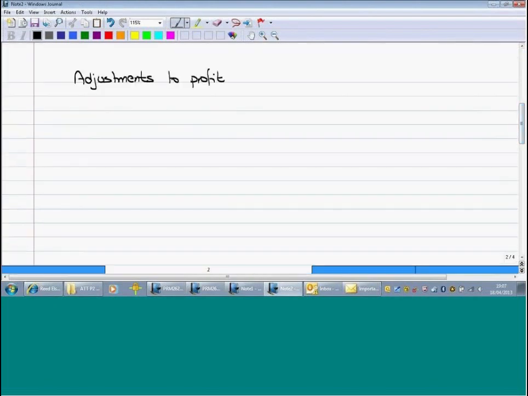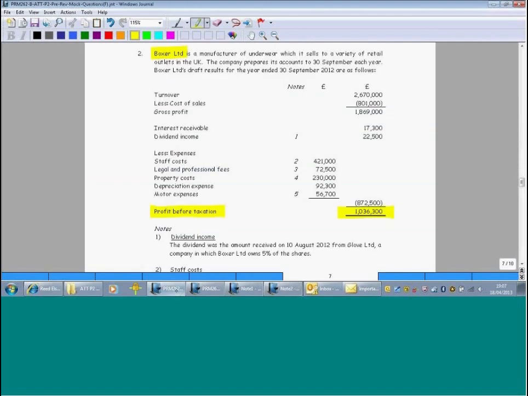You always start with the profit before tax. Sometimes in an exam question, they'll call it the net profit. Then, looking through that question paper, don't forget to look at the summary P&L. Don't just start looking at the notes.